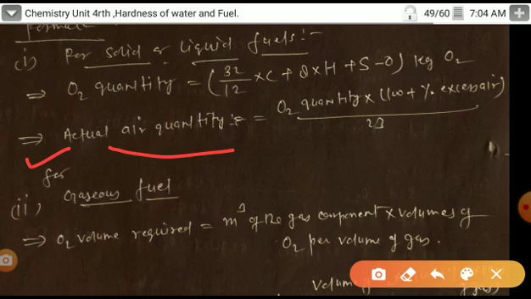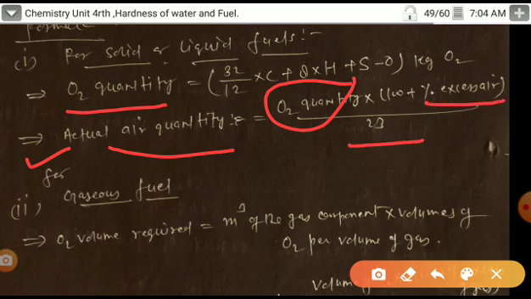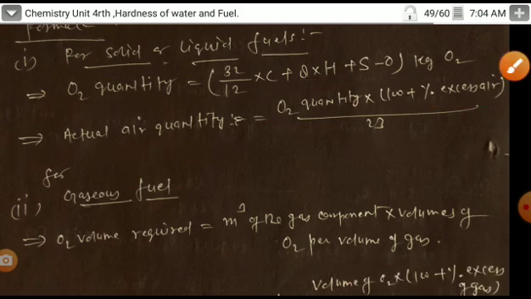The actual air quantity is equal to the total oxygen quantity, which comes out from the above formula, into 100 plus percentage excess of air, divided by 23. So this is the formula by which you can calculate the actual air quantity.